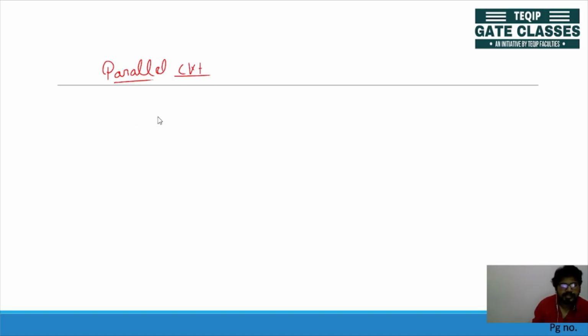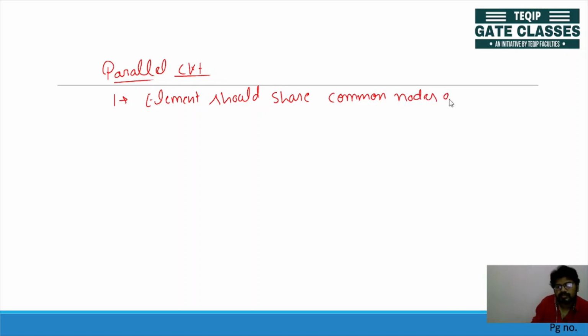So for a parallel circuit, two conditions must be satisfied. The elements should share common nodes at both terminals.